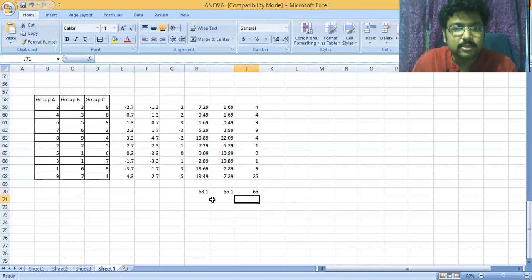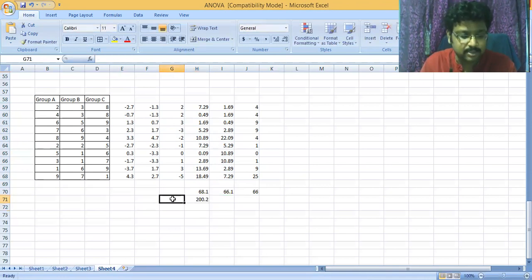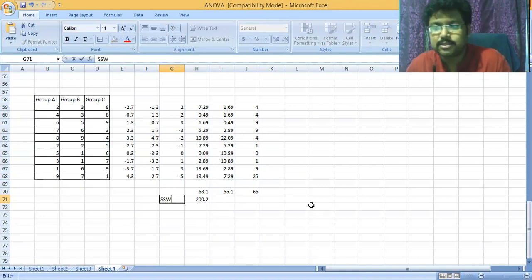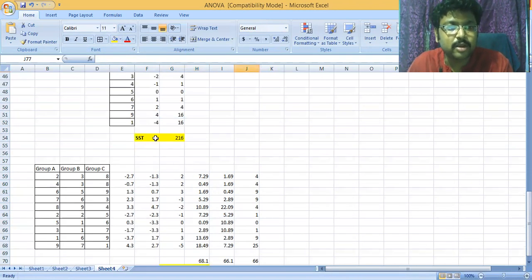These are the sums. If we make the total of these, this plus this plus this, then this value is nothing but the sum of square within. So we have the sum of square within. Clear? The sum of square total and sum of square within.